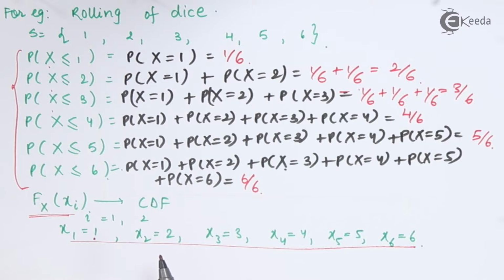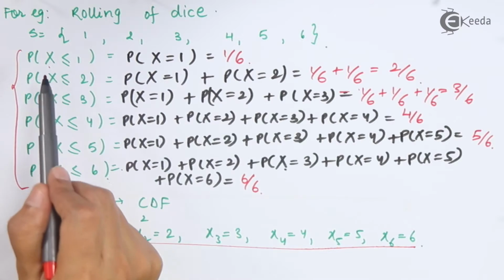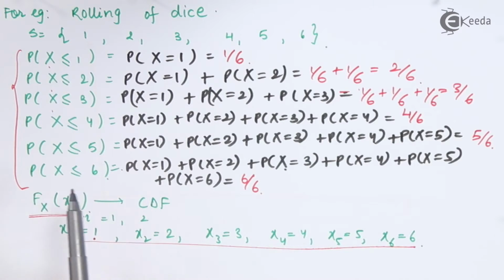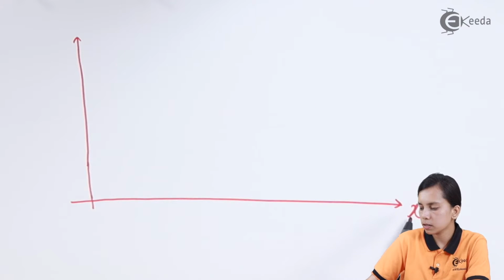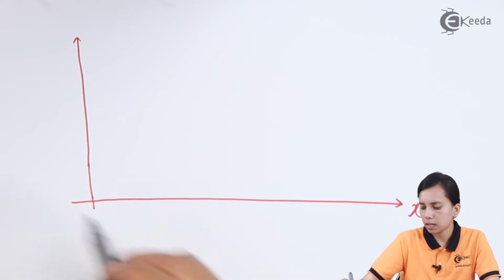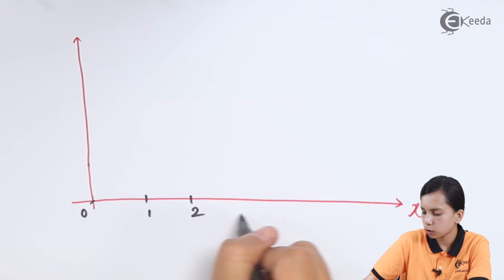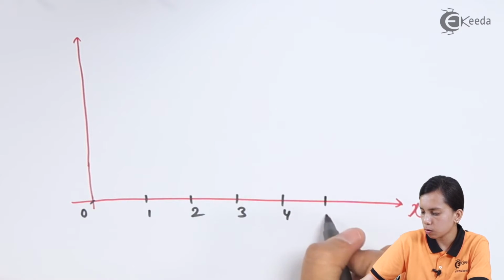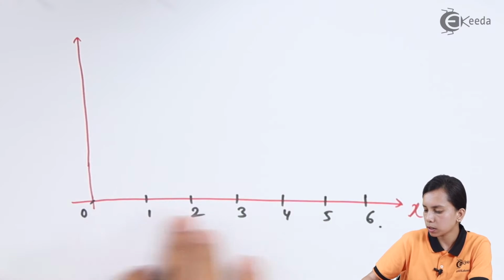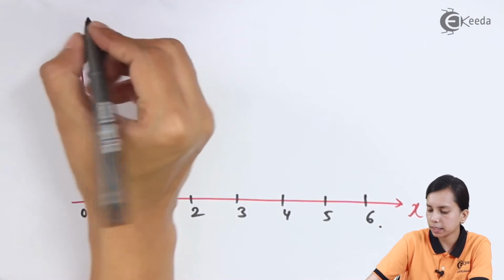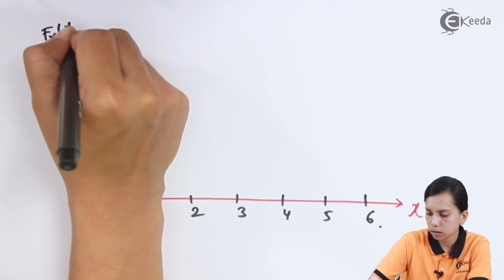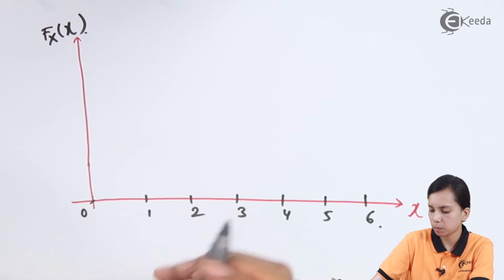Let us look at the graph to see how we can associate this CDF with the probabilities of random variable X less than or equal to 1, 2, 3, 4, 5, 6. This is the x-axis which I am defining for this dummy variable x. This dummy variable can take values 0, 1, 2, 3, 4, 5 and 6. For these values, I will get my distribution function F_X of x.